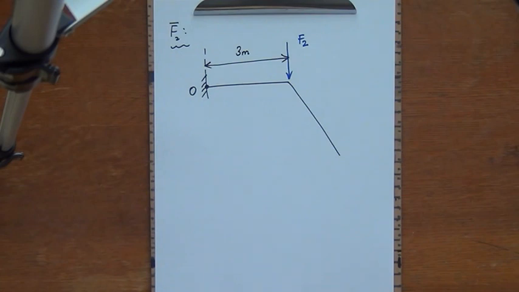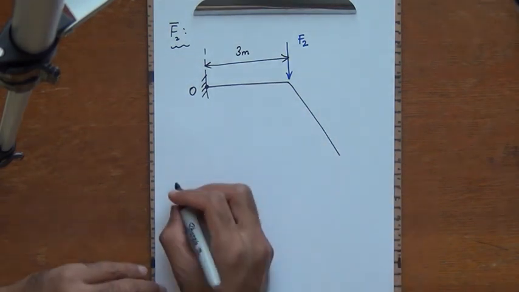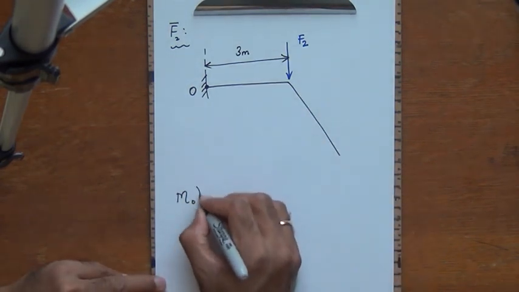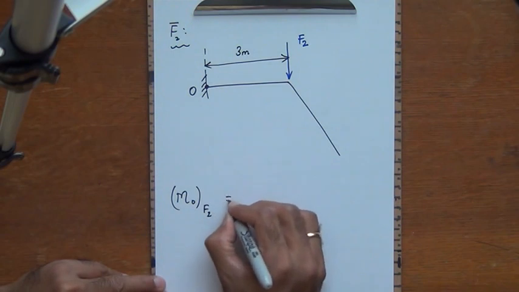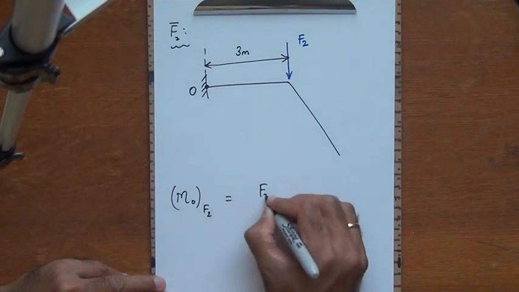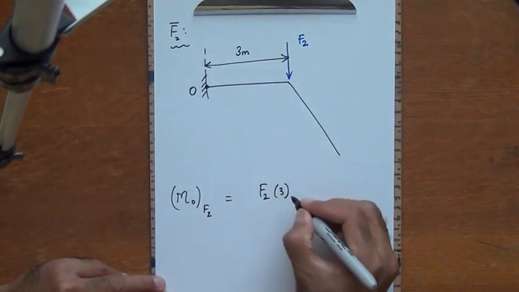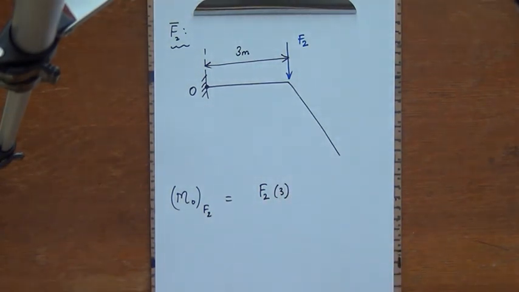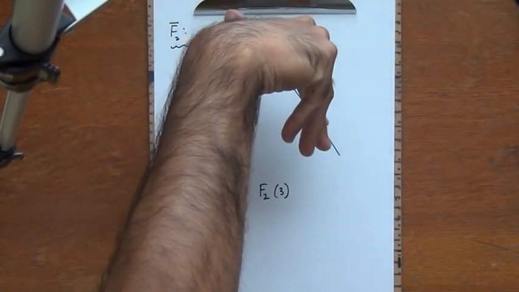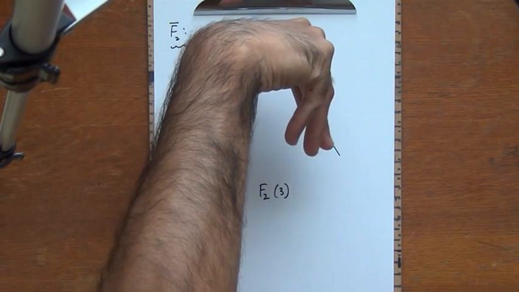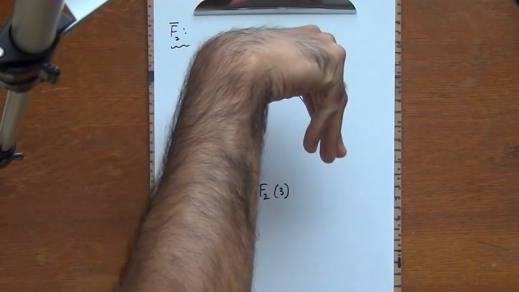Alright, now moment about the point O due to the force F2. This is going to be the magnitude of the force times the perpendicular moment arm, which is going to be 3 meters. But the question is, is this positive or is this negative? And for that we need to use the right hand rule. And if I look at the right hand rule, here is the right hand rule. It's slightly harder to place my fingers this way, but I hope you get the idea.